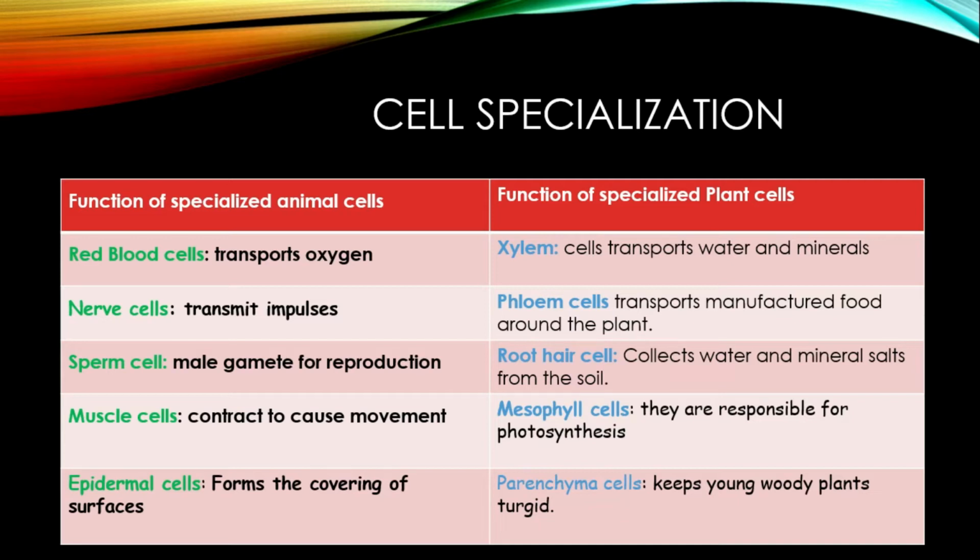A depression is there and it makes oxygen very easy to diffuse into the blood. Then we have the nerve cell, which transmits impulses from one place to another. There are about 3 types of nerve cells that we are going to be covering on the HSB syllabus: the sensory neuron, the connector neuron, and the motor neuron.